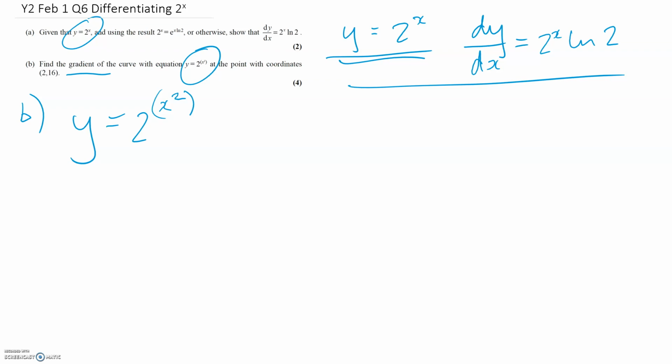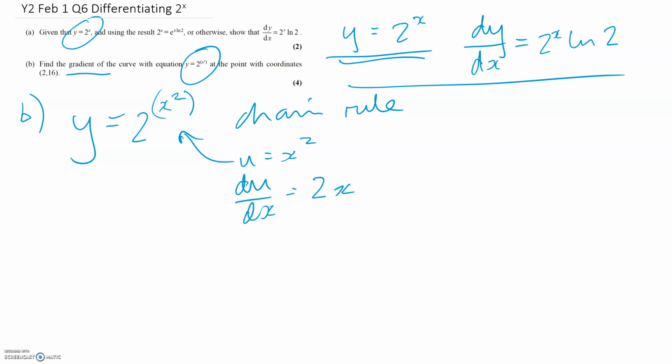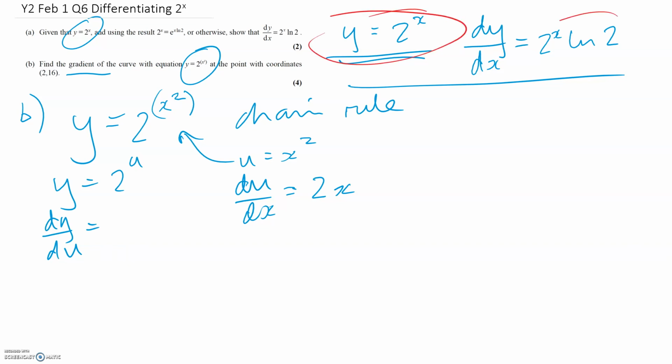Now, to differentiate this, I would definitely use the chain rule, and I would let u equal x squared here. Okay, so using the chain rule, if we differentiate u with respect to x, we get 2x, and y will now be 2 to the power of u. When we do dy by du, differentiating 2 to the power of u is exactly what we did over here.